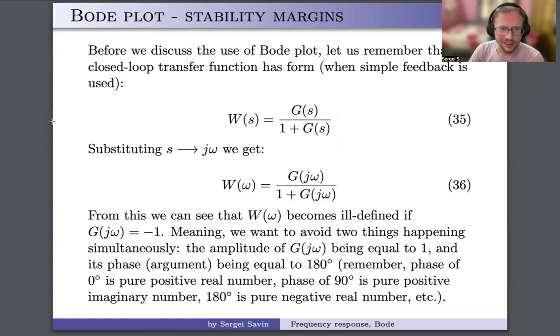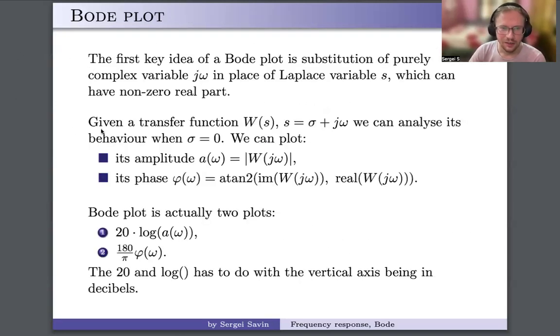What we can do next is perform our standard Bode plot. For that, let us go back 2 slides. We replace our variable, which has a real part and an imaginary part, with only an imaginary variable.